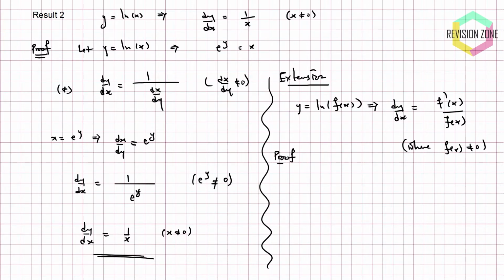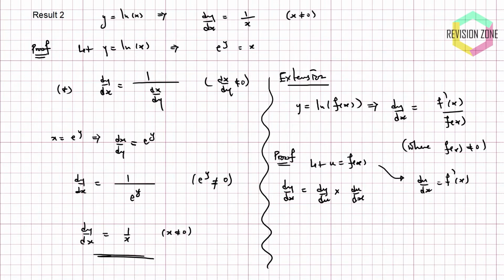Just quickly as an aside, we're going to apply the chain rule. Let u equal f of x. Then dy by dx is equal to dy by du times du by dx. Since u equals f of x, du by dx is just f prime x, and that's fine.